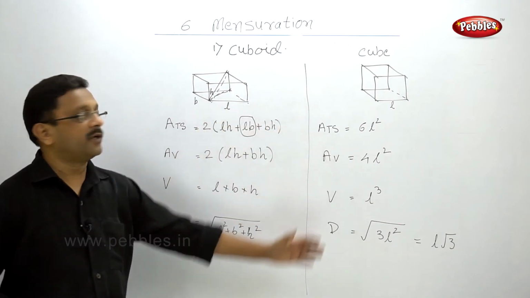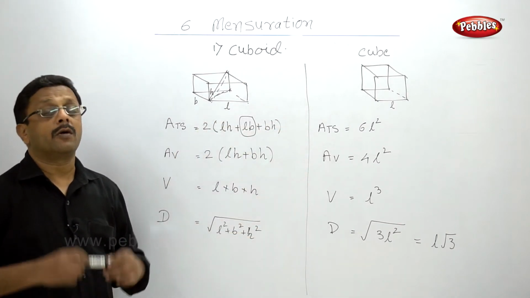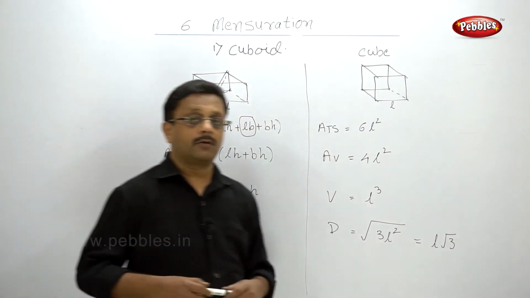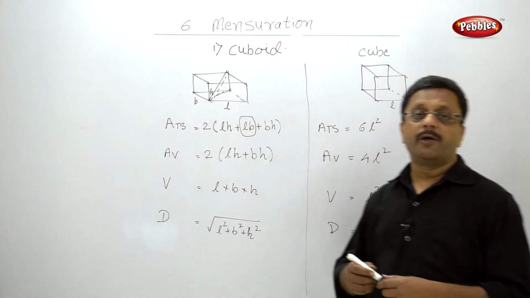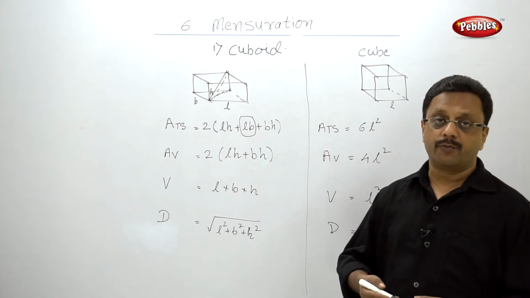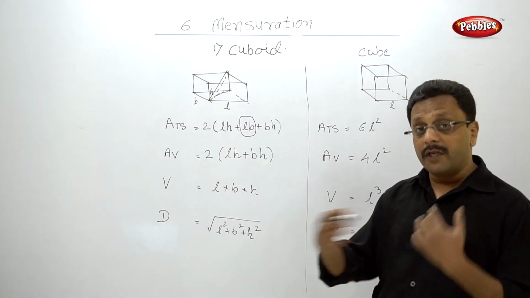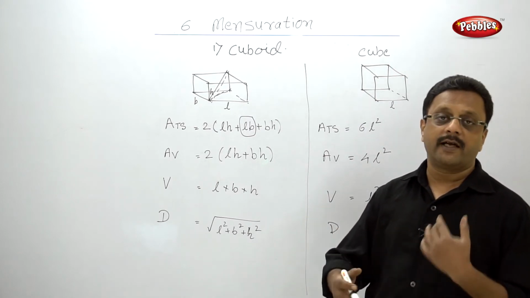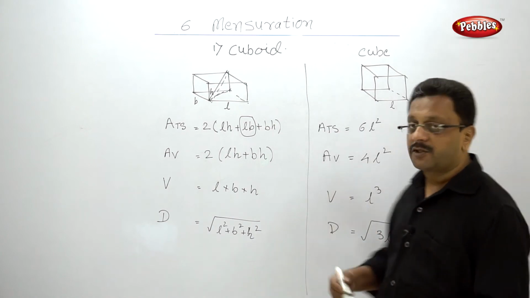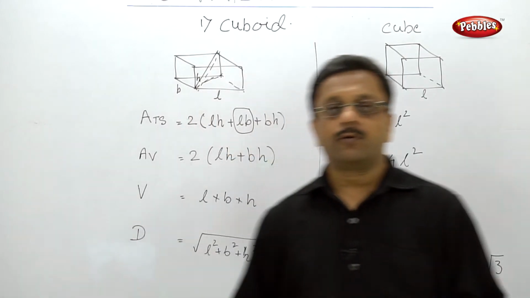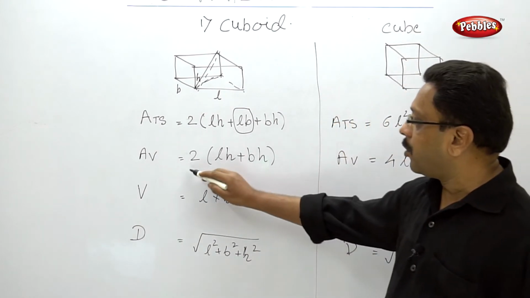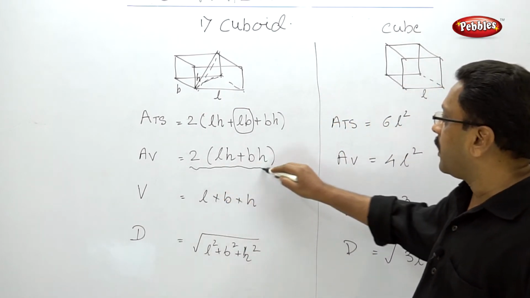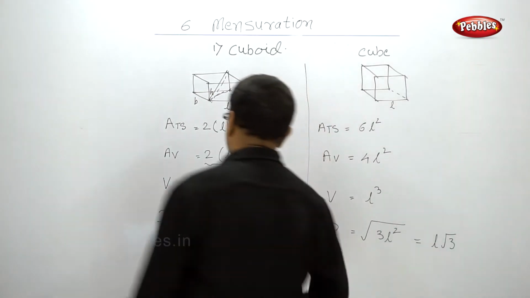So these are the formulas we are going to use to solve the examples based on the cuboid. Majorly, examples will be on the surface area and volume, but there can be a combination of both. Don't forget that. Before going to some solved examples, let me tell you, in your book this formula is further simplified.